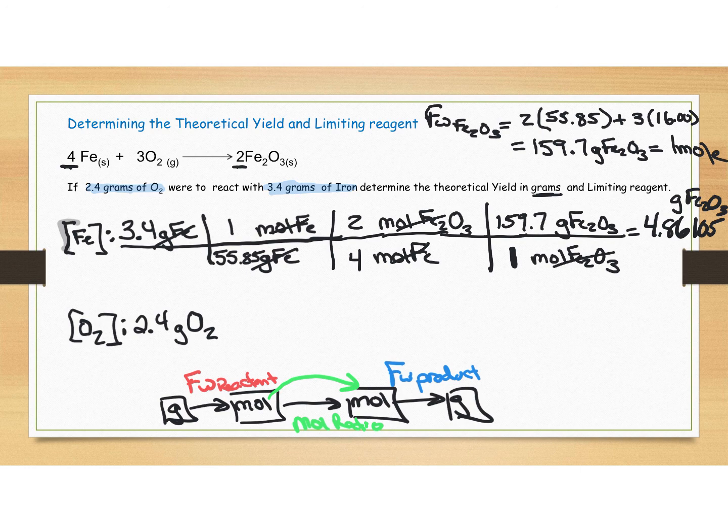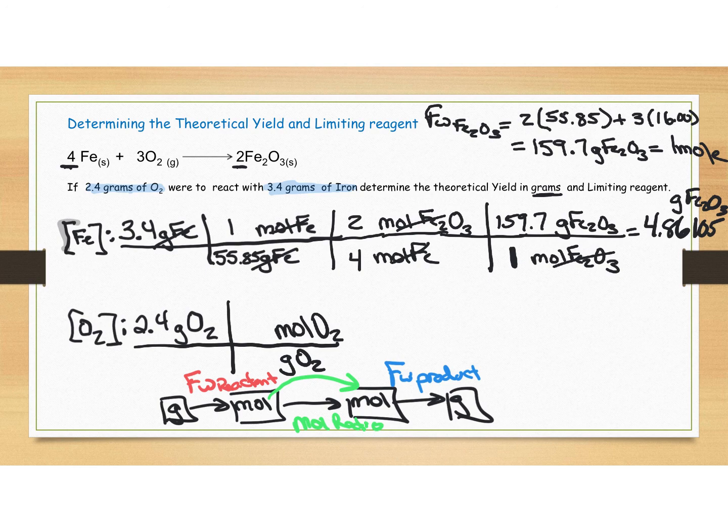Now we must do the next reagent. In this case, it's going to be oxygen. Okay, so I have grams of O2 to moles of O2. Well, if it's the formula weight of the reactant, this time I'm not just talking about oxygen, I'm talking about O2. I'm talking about the diatomic version.